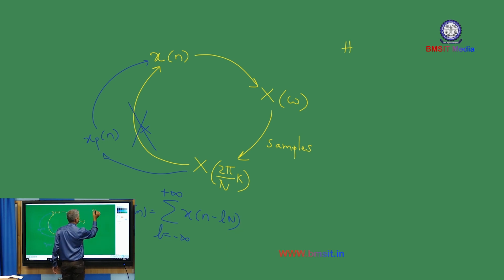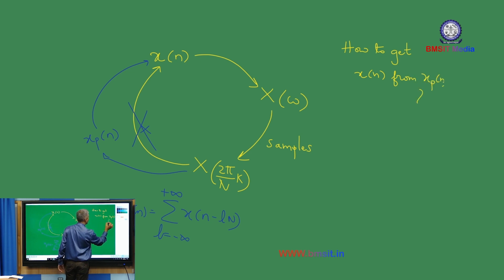So how to get x of n from x_p of n? So it is clear, x of n is x_p of n for n equal to 0 to N minus 1, and it is 0 otherwise.